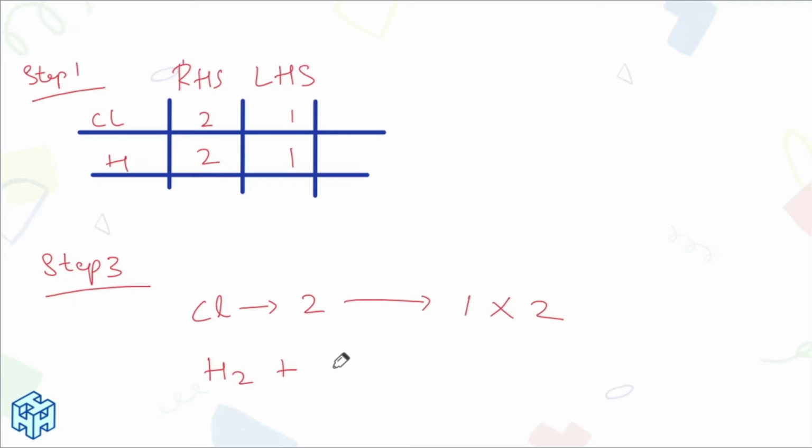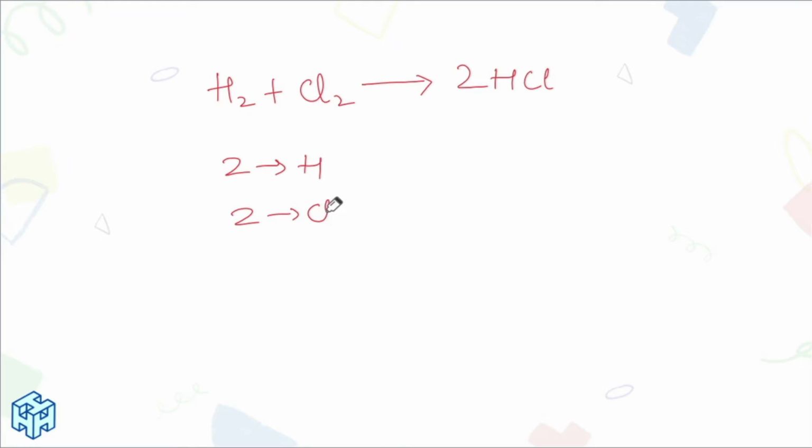So what do we get as the equation? H2 plus Cl2, we get 2HCl. Now how many atoms we have? 2 hydrogen atoms, 2 chlorine atoms.